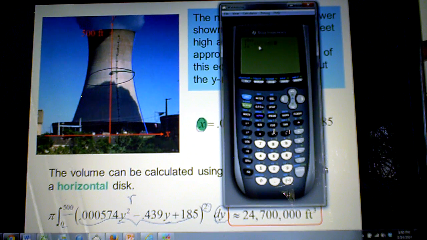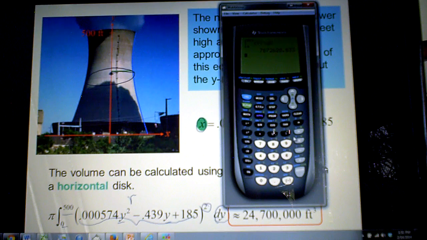Now the only thing I haven't done here, I have to look at y1. Remember, I have to have y1 squared. But if you look at what I put into y equals, I already put my parentheses around it and squared it. So I don't have to do that. I could do, well, let me do it both ways. So this time I can just put y1 in here because, again, I've already squared it.